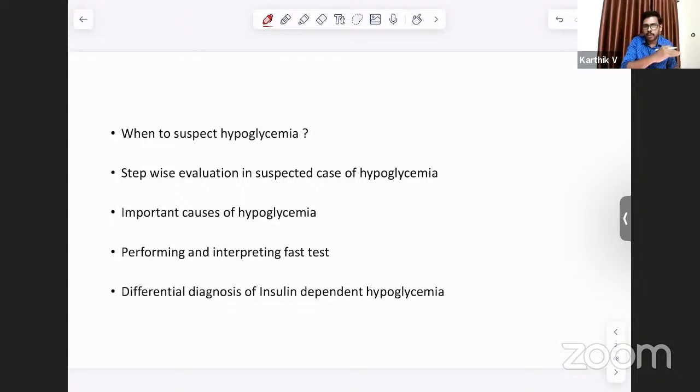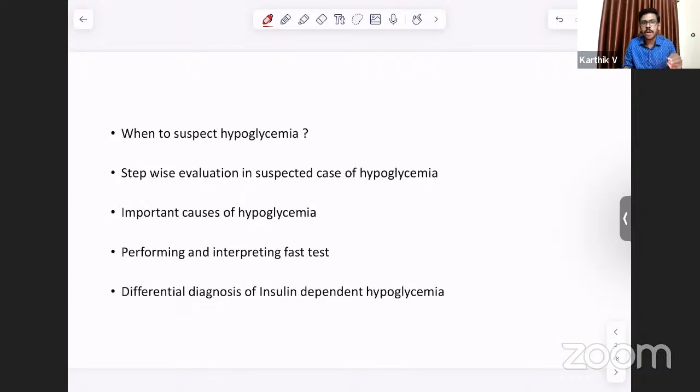Investigating the patient stepwise is fruitful only if you know what you are searching for. So you should know what conditions can present as a hypoglycemic disorder. You must have heard about the 72-hour fast test, which is considered the gold standard in the evaluation of hypoglycemic disorder, and that is sometimes a very cumbersome and risky procedure to do.